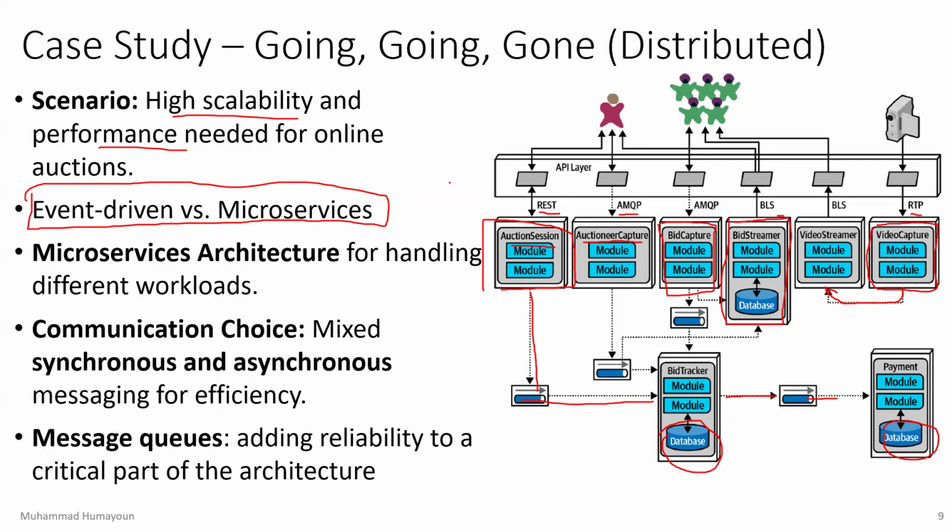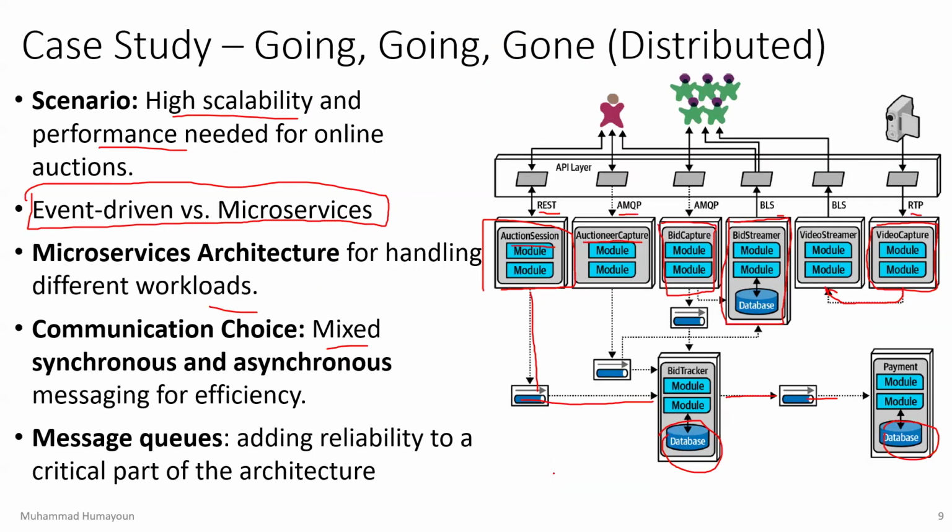So here you can pick microservices. If you pick the microservice architectural style, you can use it for handling different kinds of workloads. Communication choice can be mixed, synchronous and asynchronous, and message queues can be used for adding reliability to your system.